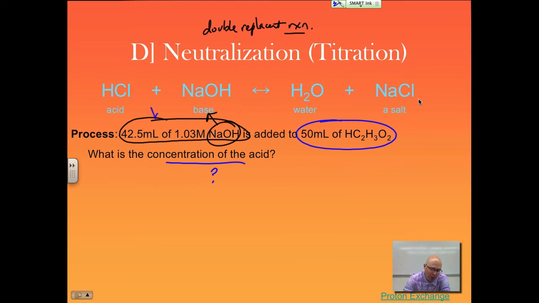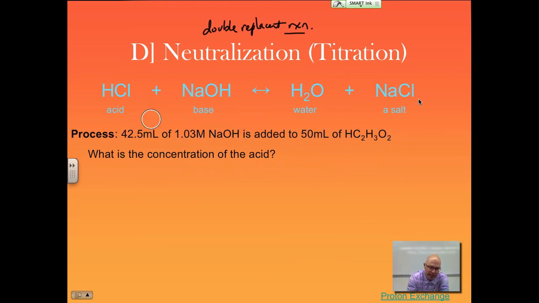Notice I'm given both the amount and the concentration. The concentration is molarity. Molarity is concentration, moles over liters. Here, notice I'm only given the amount, but I'm asked for the concentration. I could give you the concentration of the second one and ask for the amount, but notice that one you're given both of, one you're not, okay?